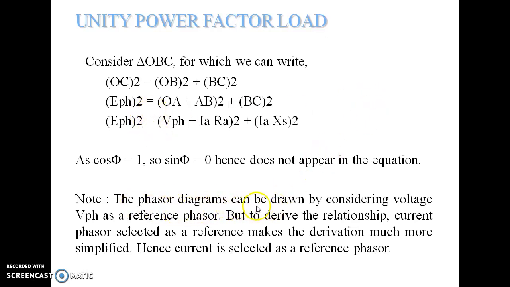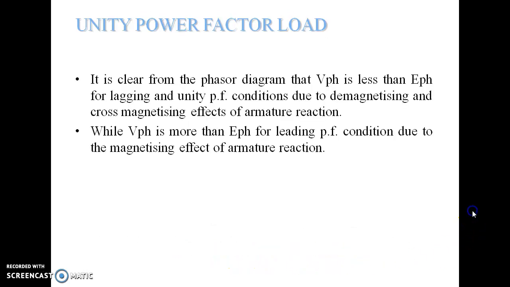The phasor diagram can be drawn by considering voltage VPH as the reference phasor also. But to derive the relationship, selecting the current phasor as a reference makes the derivation much more simplified. Hence, current is selected as the reference phasor.